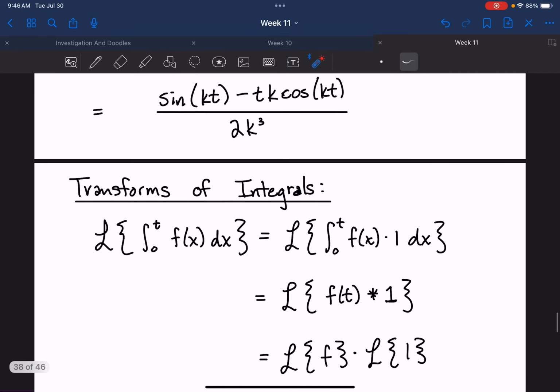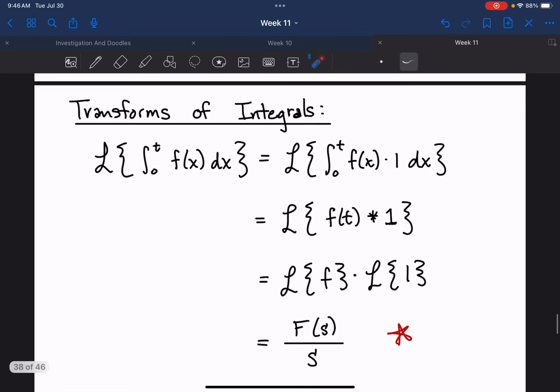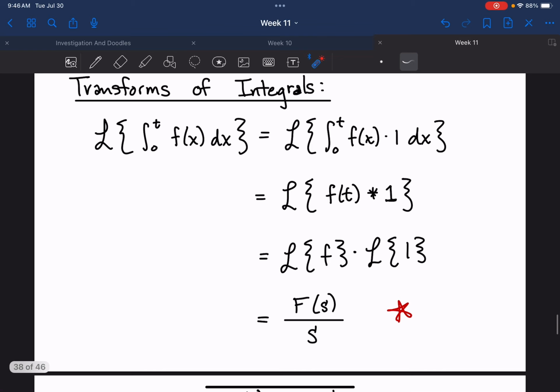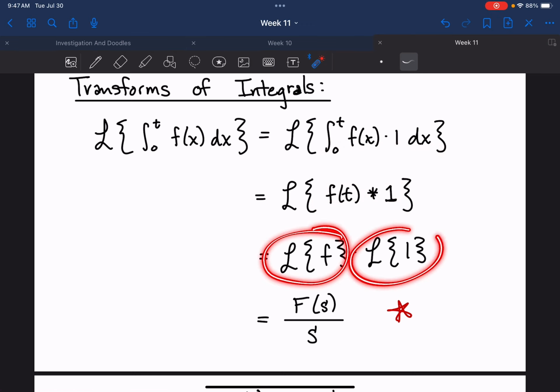Okay, here's a little side note for you: transforms of integrals. If you have an integral by itself and you transform it with the Laplace transform, you can view this as the integral of f times 1. This is the convolution product of f of t and 1, which means this is the Laplace transform of f times the Laplace transform of 1, which is F of s over s.